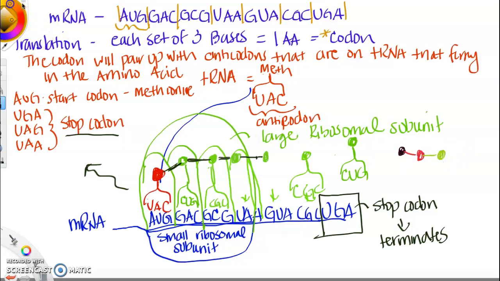I'm just going to do it in a couple of different colors to show what this is basically going to look like. So it's going to be a strand of amino acids, which is kind of like the primary structure.